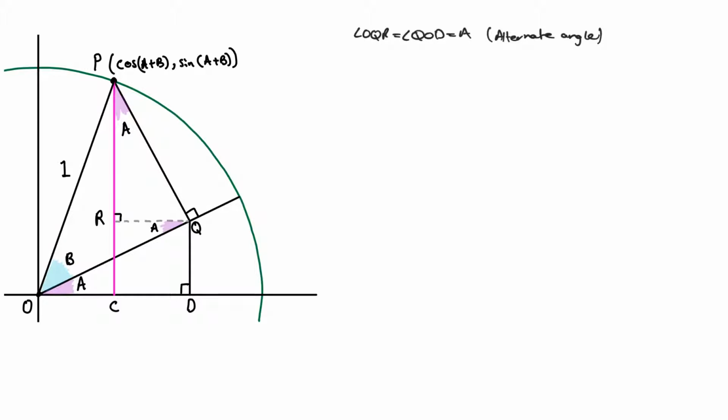And since this angle over here is equal to pi over 2 minus A, so let's write that down. Since angle RQP is equal to pi over 2 minus A, therefore this angle over here, angle RPQ, is equal to pi minus pi over 2, which is the right angle, minus that angle that I just showed you.